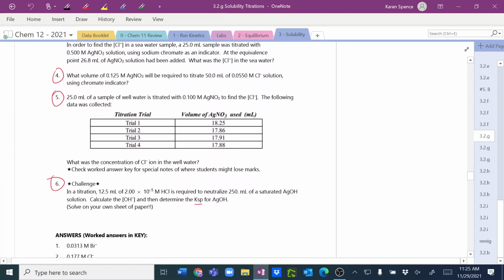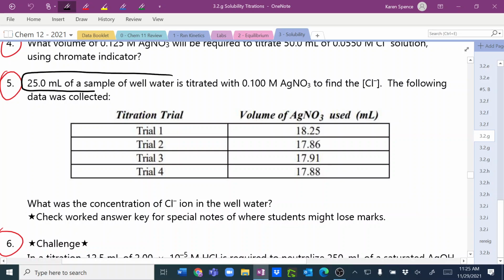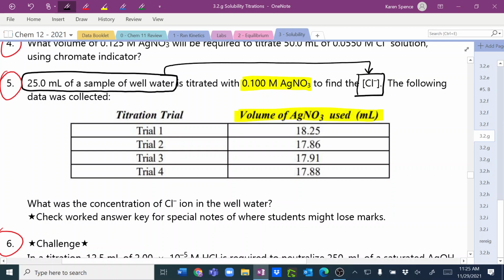Okay, so this is a titration. And we have here 25 milliliters of well water titrated with 0.1 molar AgNO3. I'm going to highlight my AgNO3 in yellow, because my volume of AgNO3 is here. The well water has been titrated to figure out the concentration of chloride in the well water.